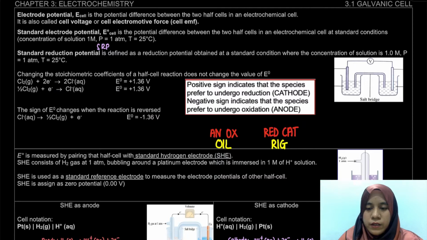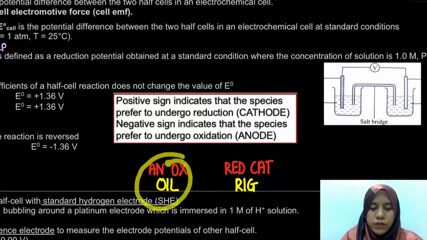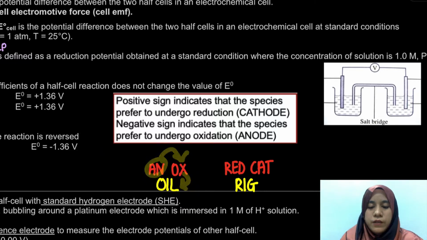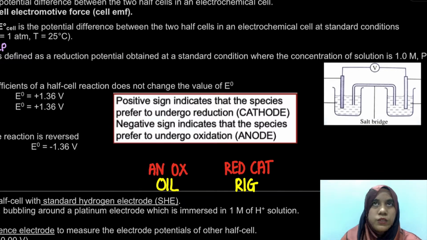Okay, here I'm just going to focus on this part just a bit. From page 1, from the introduction, we have learned about AN OX and RED CAT. So anode is where oxidation occurs, where oxidation is losing electrons. Reduction occurs at the cathode, where reduction is gaining electrons. Okay, so from here, how do we know whether the species will undergo oxidation or reduction?